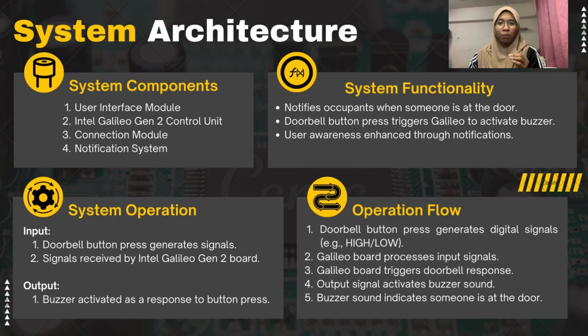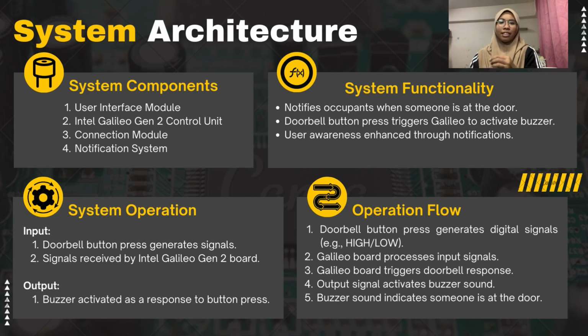The input of this project is doorbell button press, which generates the signal, and the signal is received by the Intel Galileo Gen 2 board, and then it will produce the output. The buzzer activates as a response to the button press, to produce some sound when the button is pressed.